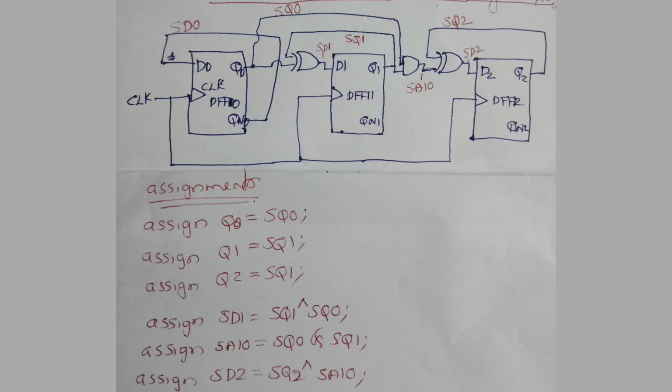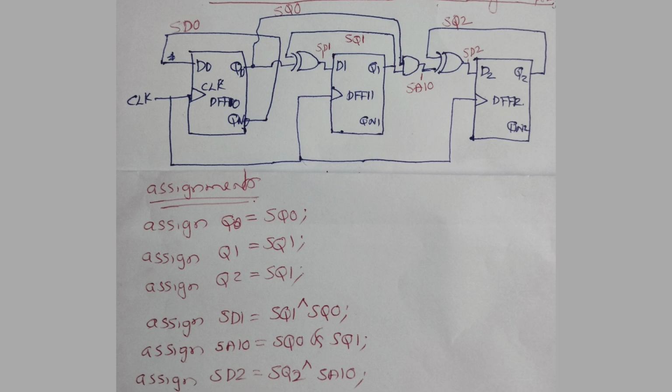Now let's see how to develop Verilog code for this. At first we need to see all the interconnections and all the instances, maybe for flip-flops or for the gates. So here, as per the diagram, I have identified 7 wires or interconnections.